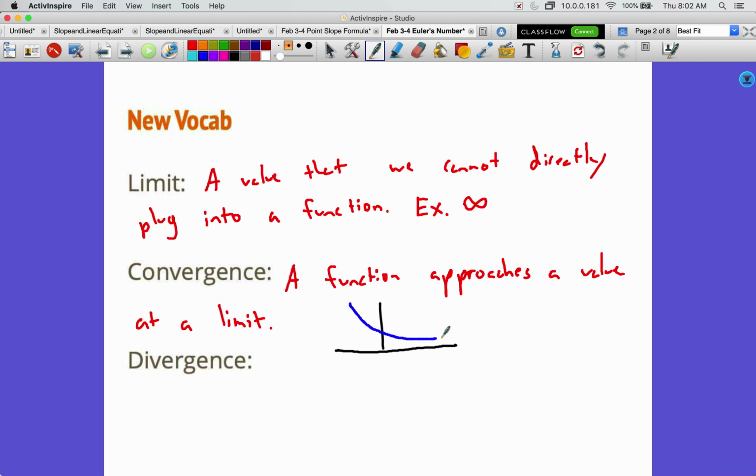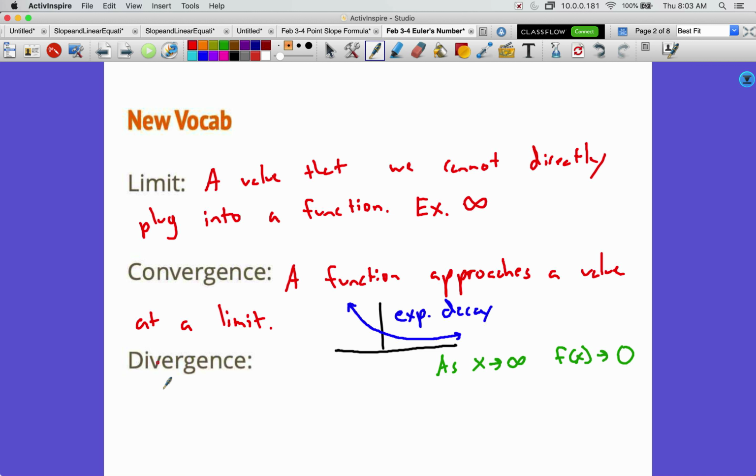All right, so in exponential decay, as x goes to infinity, f of x typically approaches 0, or it approaches the horizontal asymptote, the k value if there is one, but typically it's 0. All right.